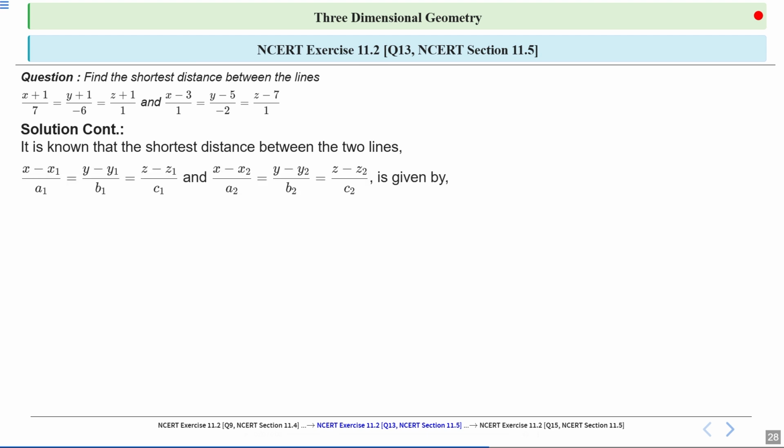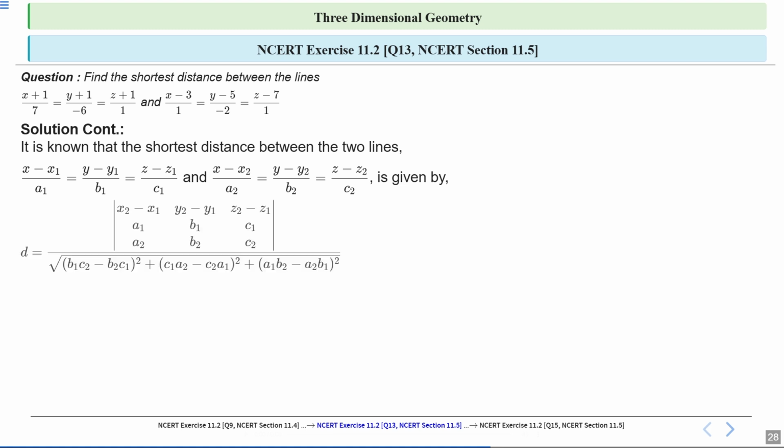The lines are x minus x1 upon a1 is equal to y minus y1 upon b1 is equal to z minus z1 upon c1, and x minus x2 upon a2 is equal to y minus y2 upon b2 is equal to z minus z2 upon c2, and the shortest distance is given by the formula d is equal to the determinant of x2 minus x1, y2 minus y1, z2 minus z1, a1 b1 c1 and a2 b2 c2 upon root over b1 c2 minus b2 c1 whole square plus c1 a2 minus c2 a1 whole square plus a1 b2 minus a2 b1 whole square, right?